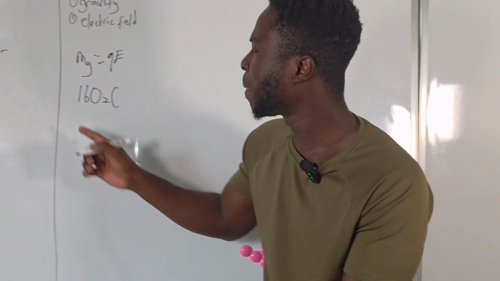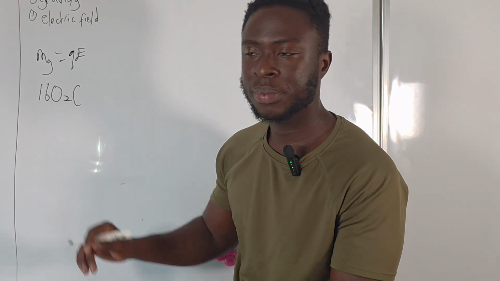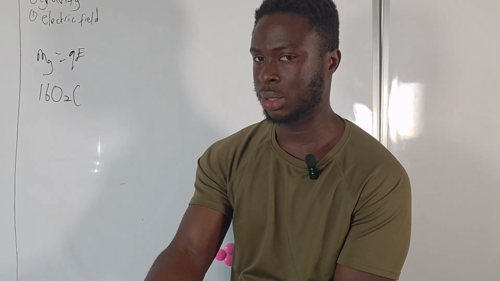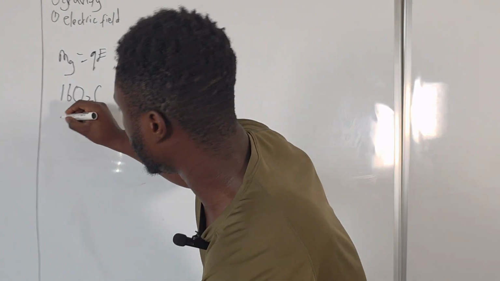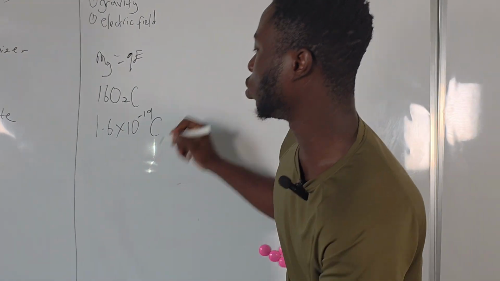So in so doing, he came up with this figure, an experimental figure, and that became the charge that the tiniest particle, which in this case is an electron, could carry. And if you know, zeptacoulombs is 1.6 times 10 raised to the power negative 19 coulomb, right?